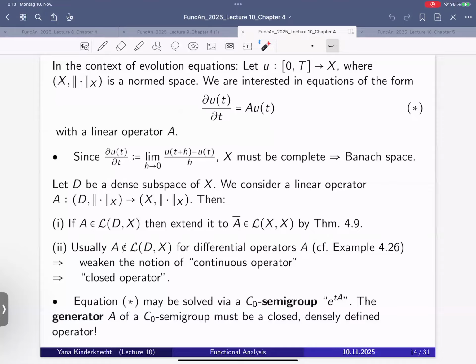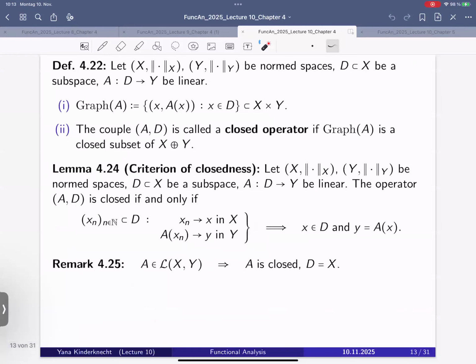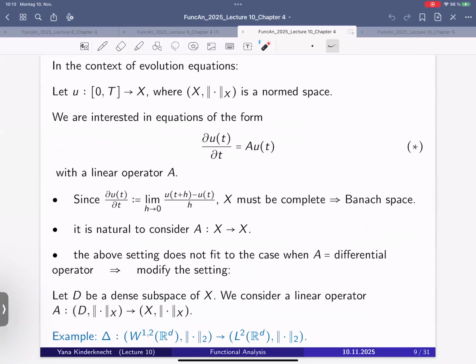So to solve such equations in the general well-developed setting of Banach spaces, so everything happens in a Banach space X, we really need to have closed and densely defined operators A. In particular, my previous example with the Laplacian, this guy, is a closed operator in this space. And of course, this is a dense subspace of L2.